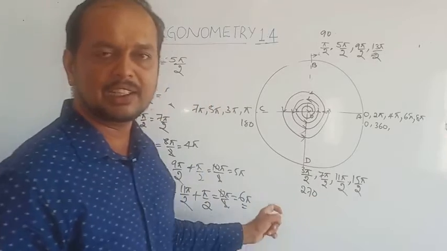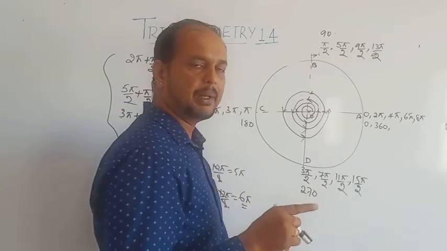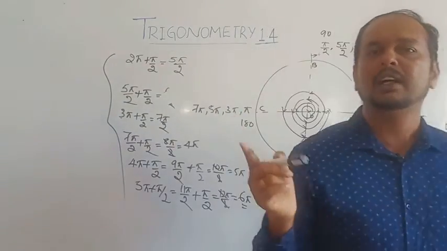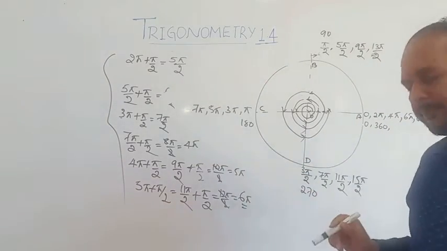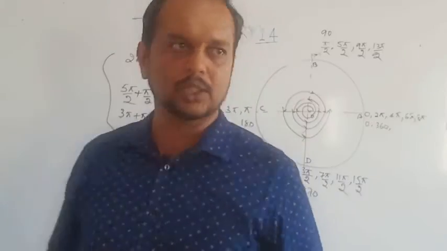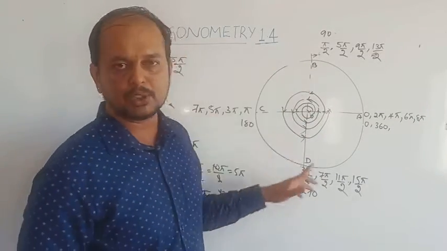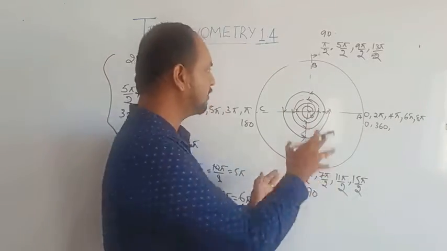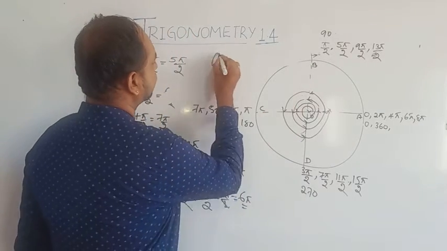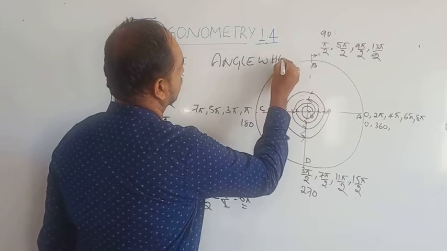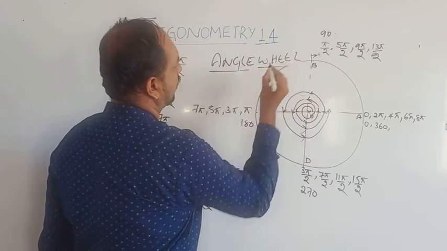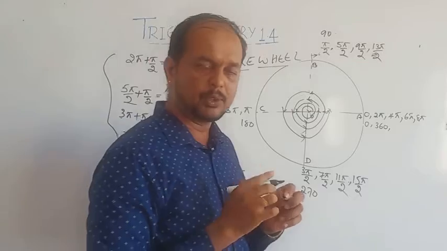Similarly, at 270 degree, 3 pi by 2, next jump will be 7 pi by 2, next value 11 pi by 2, 15 pi by 2. So these values you are supposed to remember like this, and this we call the angle wheel. Okay, so remember the angle wheel concept.